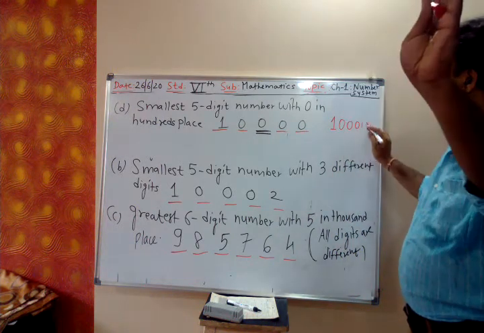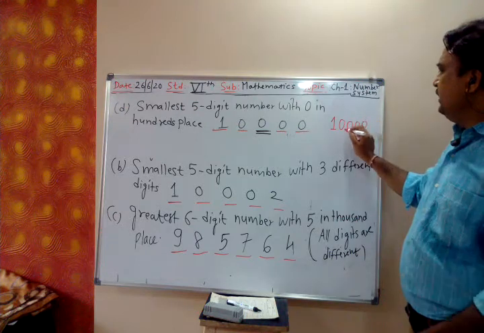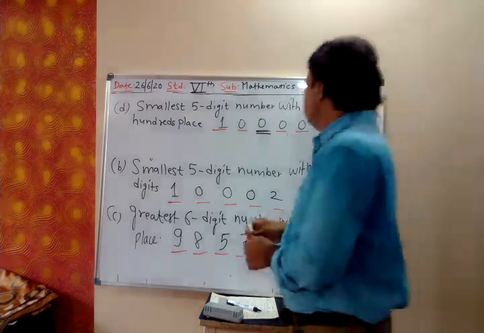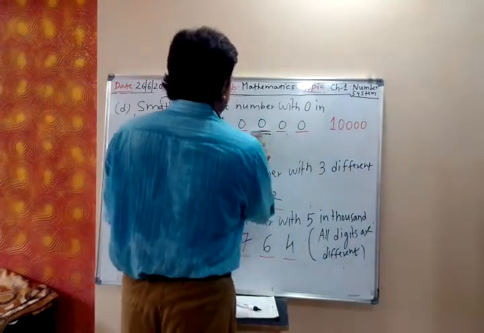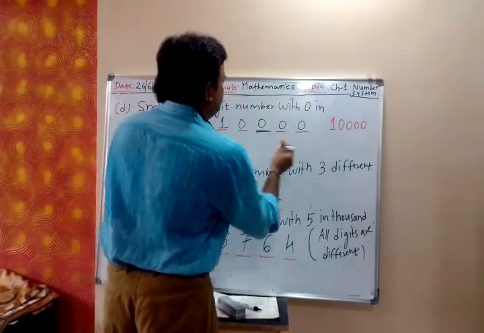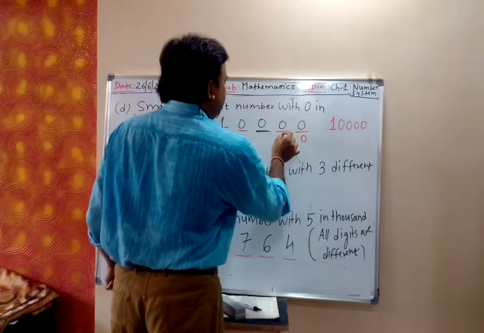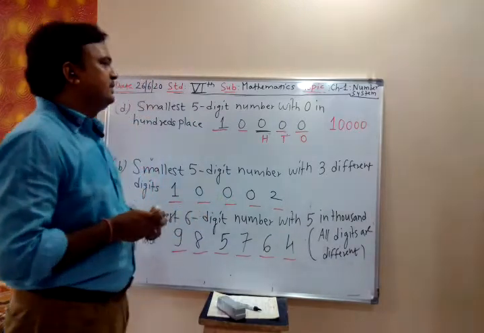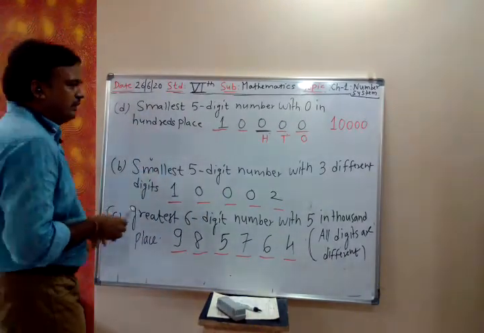Sorry. The smallest 5-digit number is 10,000, in which there is 0 in the 100 place. This is ones, this is tens, this is 100. So 0 is in the 100 place. So that number is 10,000.